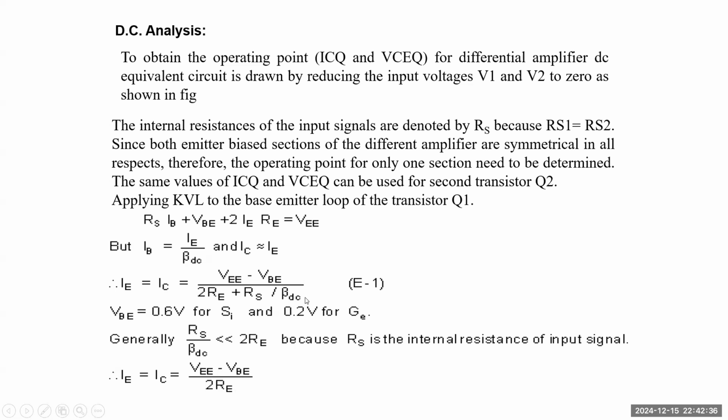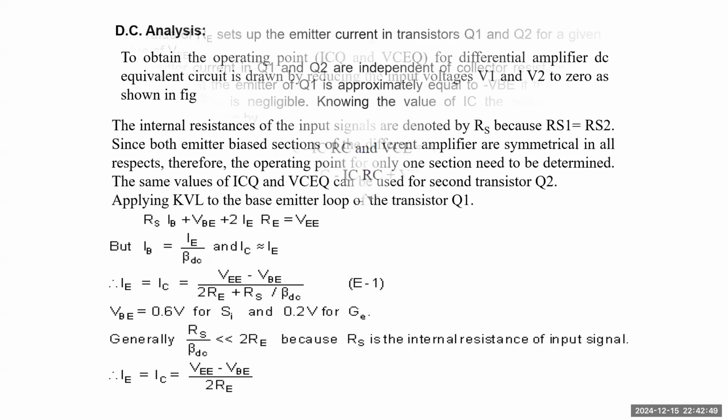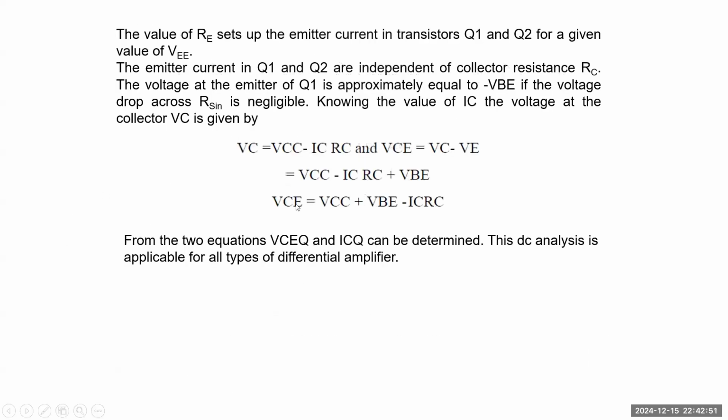For the DC analysis, we calculate the operating point by calculating the values ICQ and then VCQ. Similarly, we get VCEQ equal to VCC plus VBE minus IC RC.